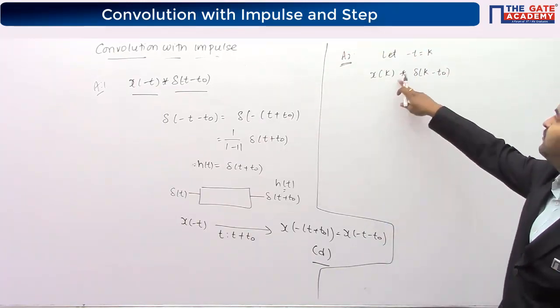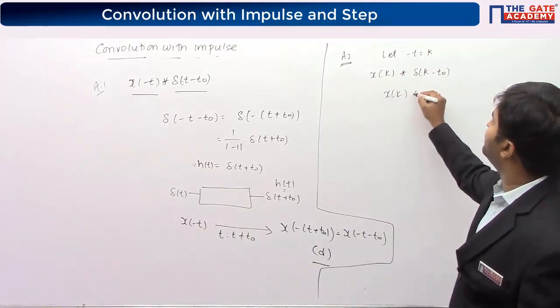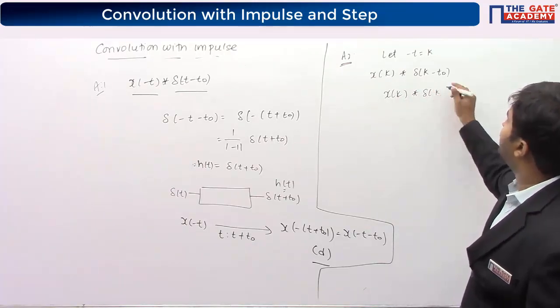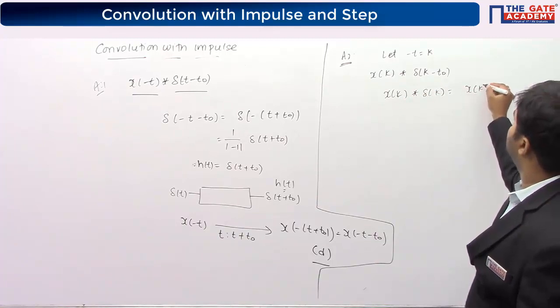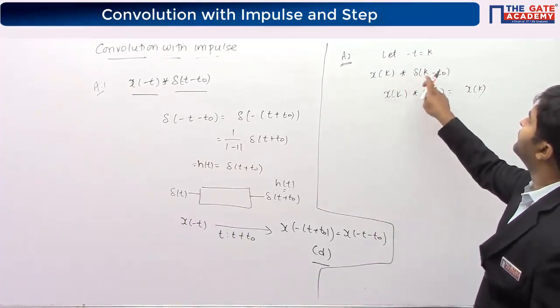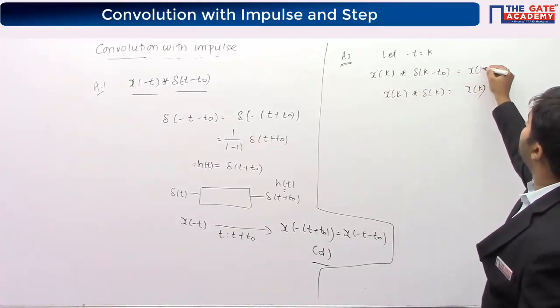What we know? That x of k convolved with del of k is x of k. Then according to the time shifting property, I can write this is equal to x of k minus t naught.